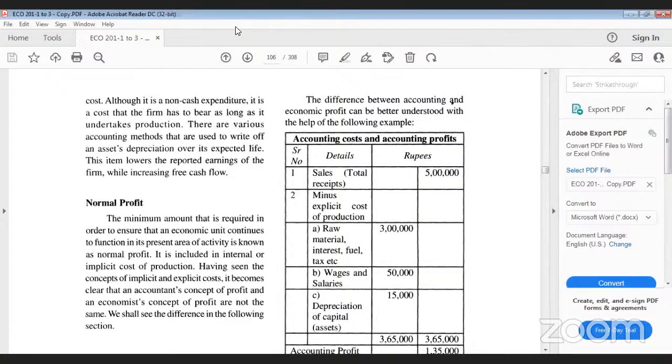Having seen the concepts of implicit and explicit cost, it becomes clear that the accountant's concept of profit and the economist's concept of profit are not the same. We shall see the differences in the following section.